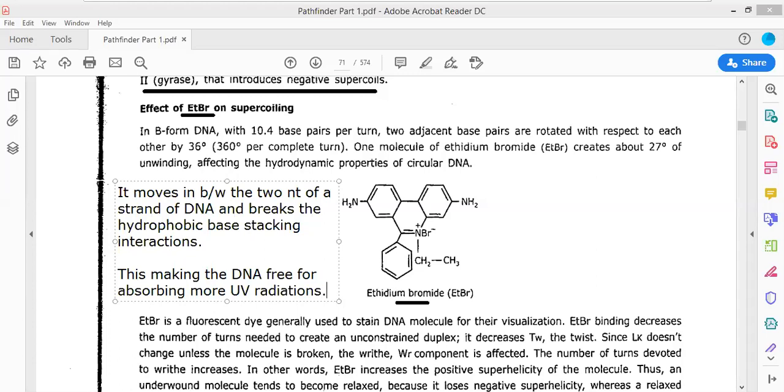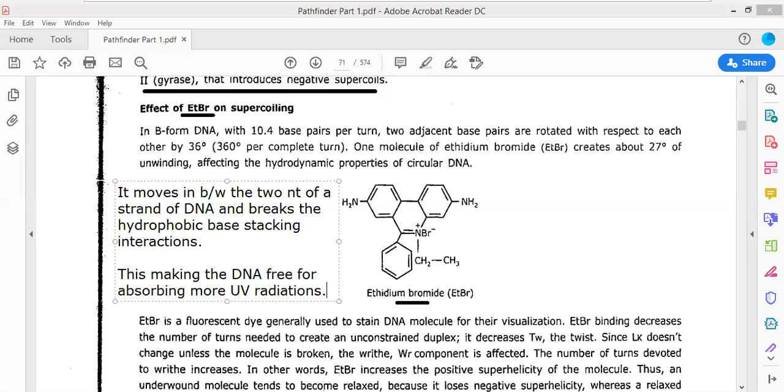Another thing that is being requested to you all students: see, why I'm teaching through Pathfinder is to provide you all the notes that are already included in Pathfinder. This would remain the standard book for our teaching throughout the session of 7 months.